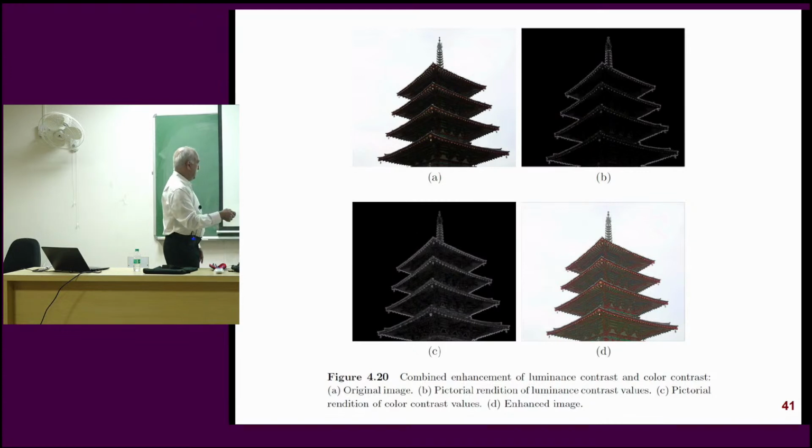So that's the luminance contrast, and this is the color contrast. So color contrast exists in pixels other than luminance contrast. There is color contrast here. That's a different color. Not so much there. And this is after enhancement.